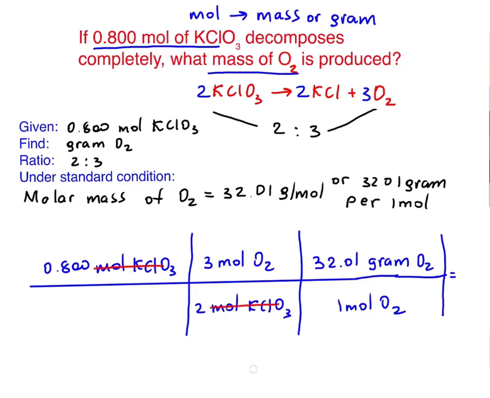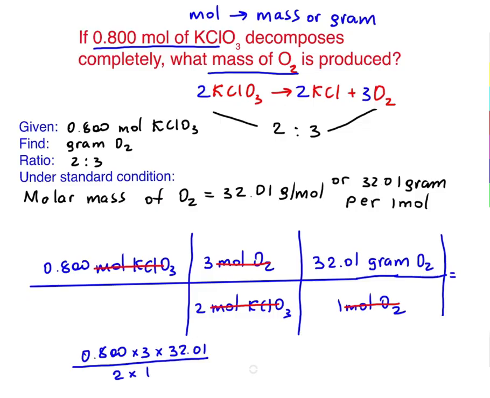And when you cancel out, here you see all those units will be canceled out, but not the numbers, of course. The numbers you need to solve. And then your final answer will be the gram of O2. So you may already know how to solve this, but I just want to write it down. You write all the numerators, and then on the bottom just denominators.